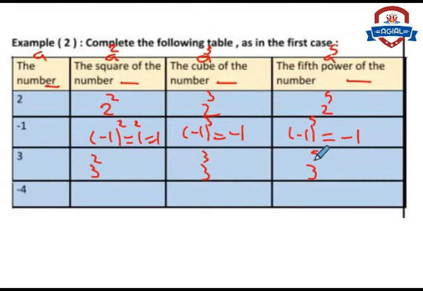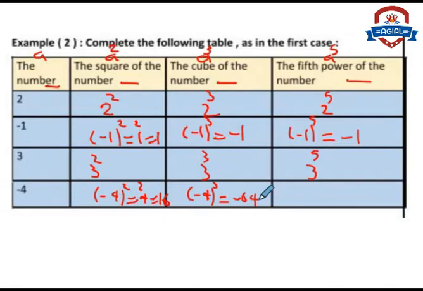Now -4: the square of the number -4 equals -4 to the power of 2, which equals 16. The cube of the number -4, -4 to the power of 3, equals -64.